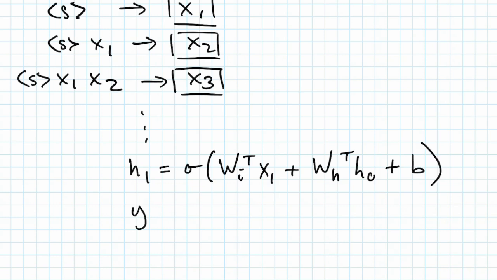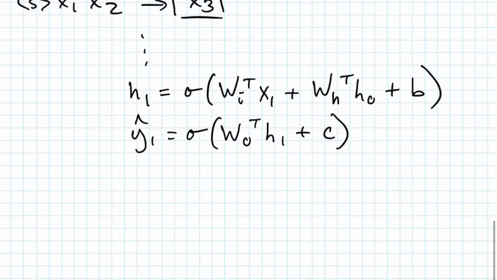And then we'll say y hat 1 is equal to, again, some activation function, we'll just call it sigma, of w output transpose h1 plus, let's call it c.